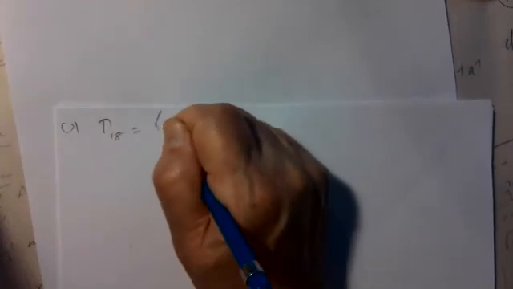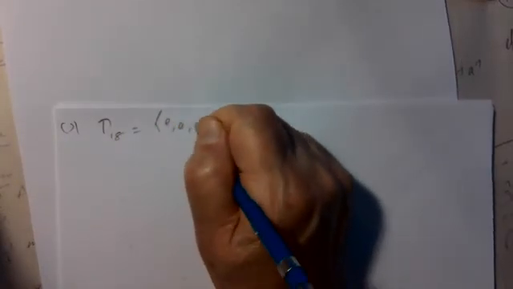What about part C? So this is problem 3. We have gamma 18, which is the cyclic group of order 18.